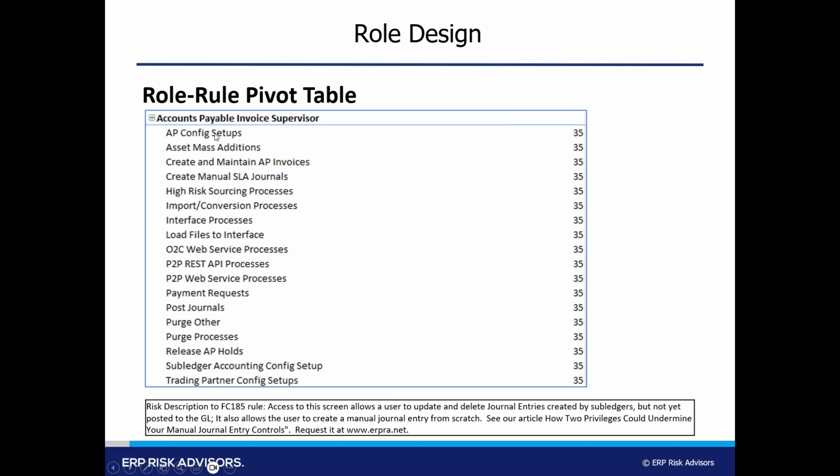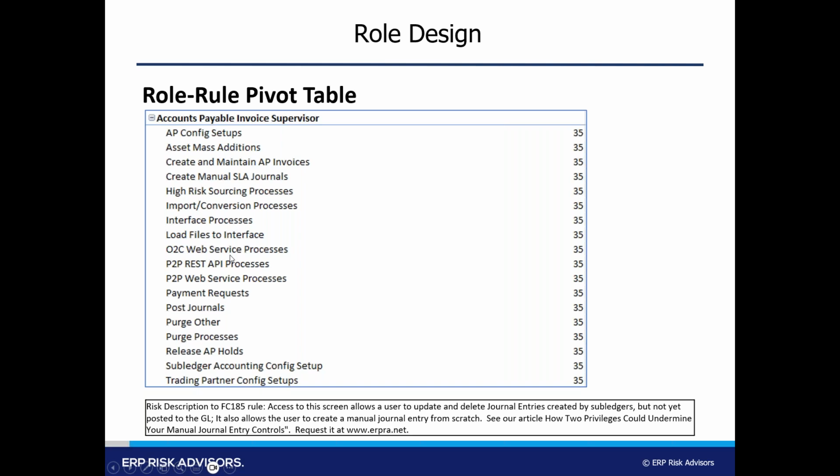We would look at what rules are violated within a given role. For example, AP Invoice Supervisor has a rule that we built, create and maintain SLA journals, which has 2 different privileges in it. That's a journal entry function, has some import processes, has some interface processes, has the ability to load file interfaces, and has some web services.